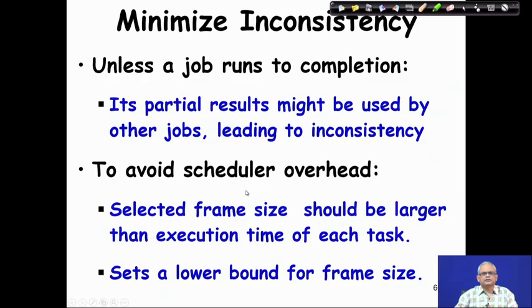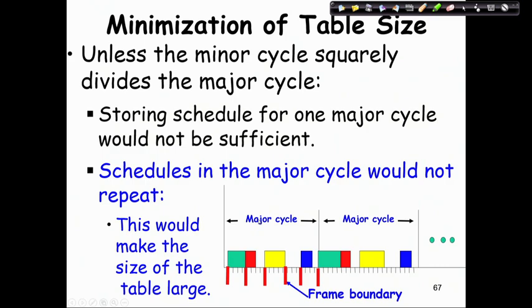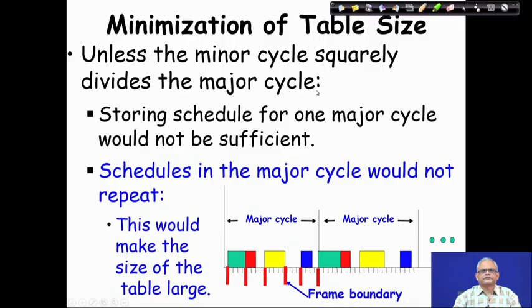The second condition, okay. So, the first condition we just saw that the selected frame size should be larger than execution time of each task. The second condition is minimization of the table size. So, this is the schedule table which we need to store. The schedule table, if you remember, is for every frame which task is to be run.